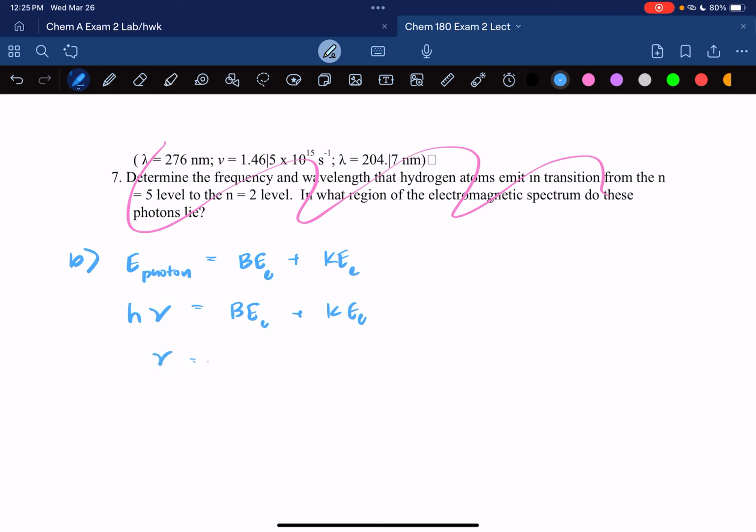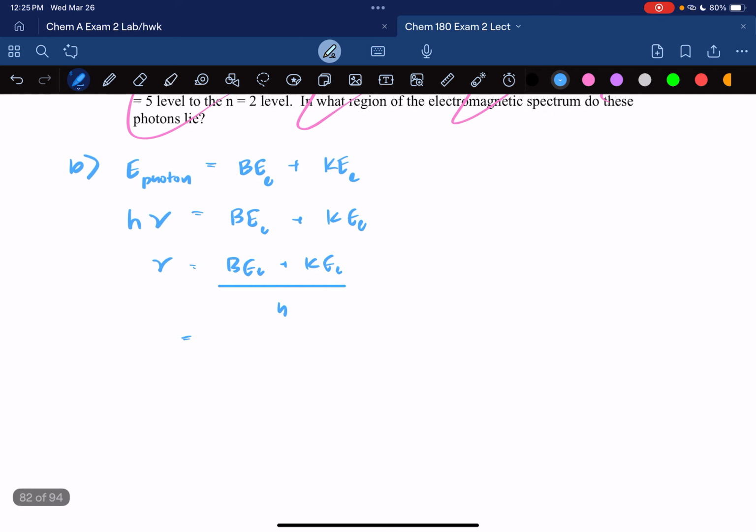So the binding energy, what's the value again? 7.21 times 10 to the minus 19 joules, plus the kinetic energy of the electron once it gets loosened up and flies away, 2.5 times 10 to the minus 19 joules, divided by Planck's constant, 6.626 times 10 to the minus 34 joules times second.